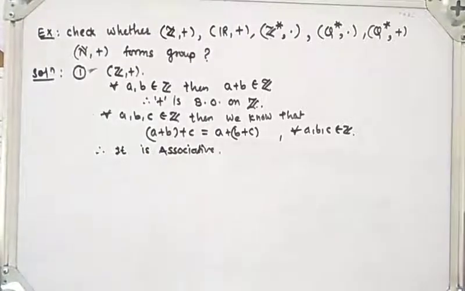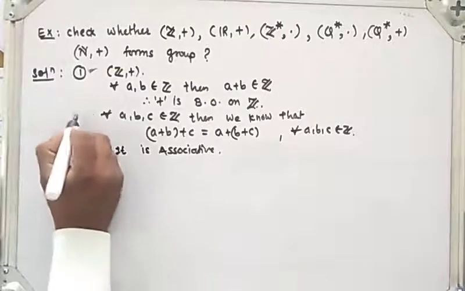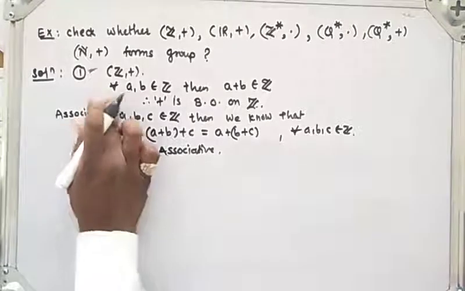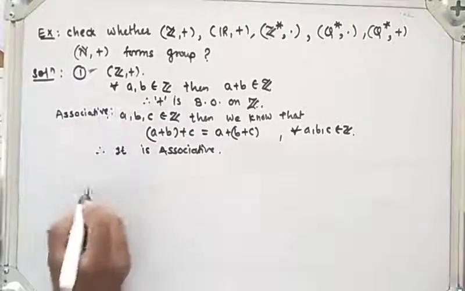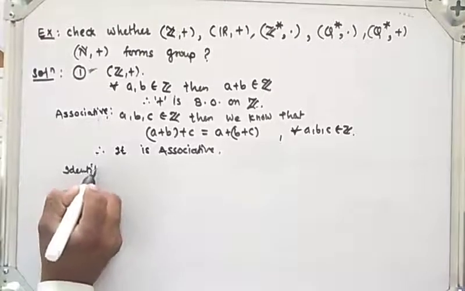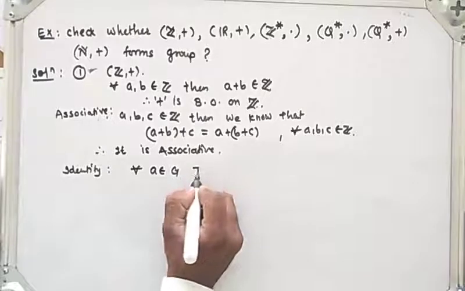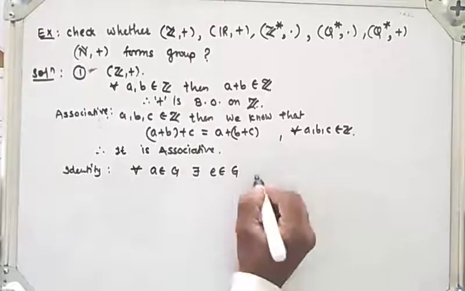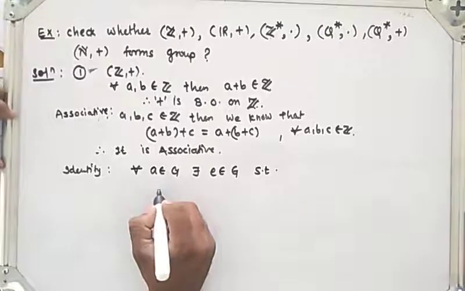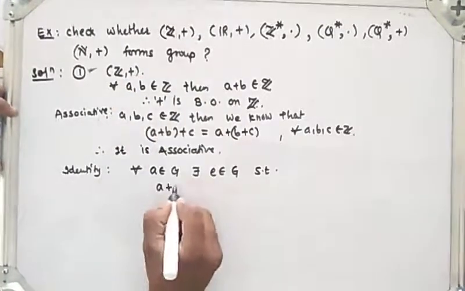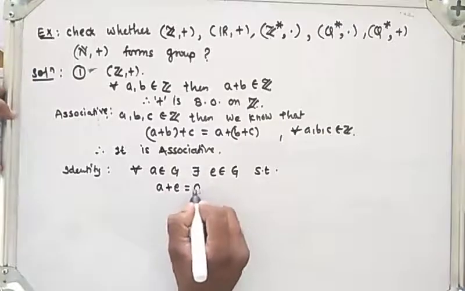So next is existence of identity. What is the definition for identity? For all a belonging to G, there exists an identity e belonging to G such that, here the operation is addition, a plus e is equal to a.